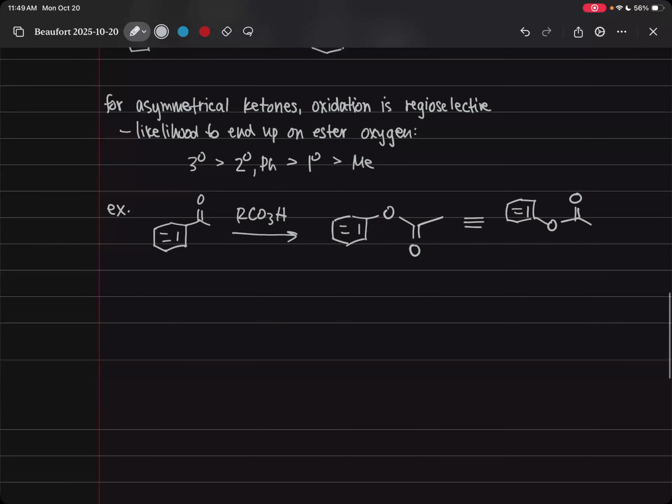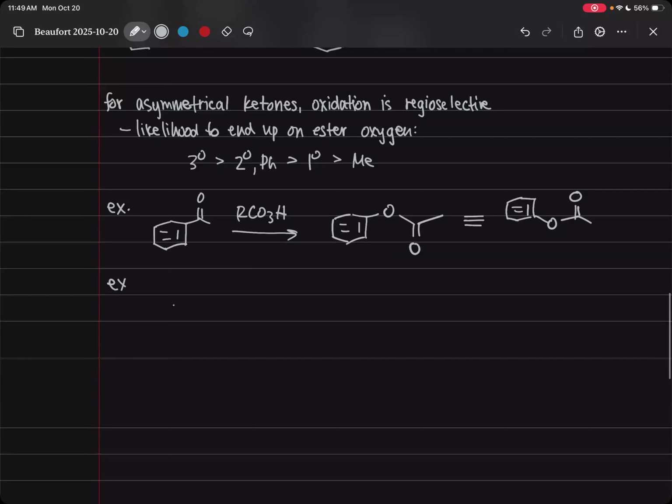Or if we have a cyclic ketone like this, one's asymmetrical because this side here is, well, this is primary because other than the bond to the carbonyl, this carbon only has one bond.